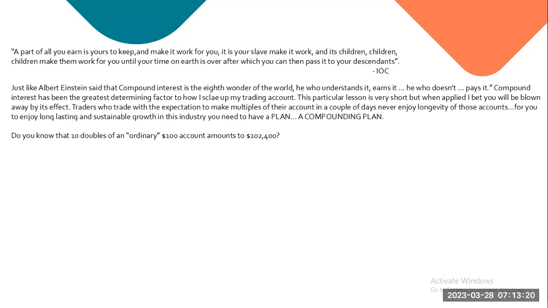Do you know that 10 doubles of an ordinary $100 account amounts to $102,400? So what am I saying? If you do 10 doubles of $100, a double is $200, just like I said. A double, $200. The second double, $400. The next one, $800.